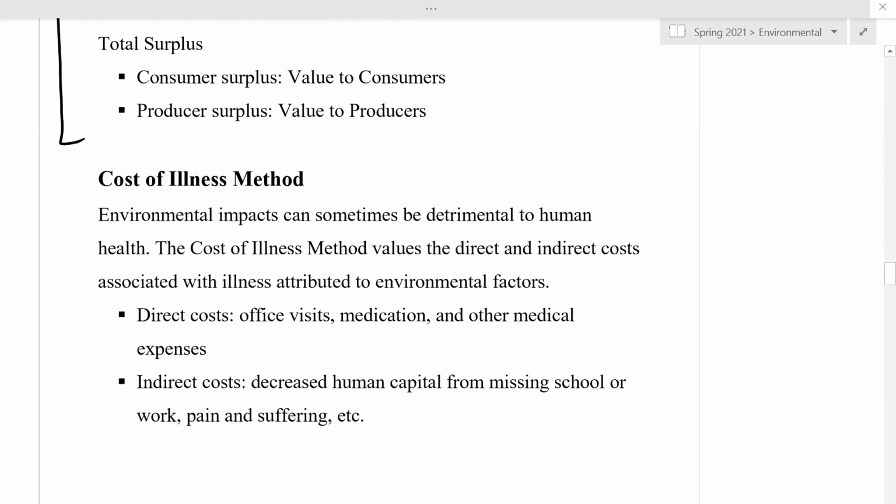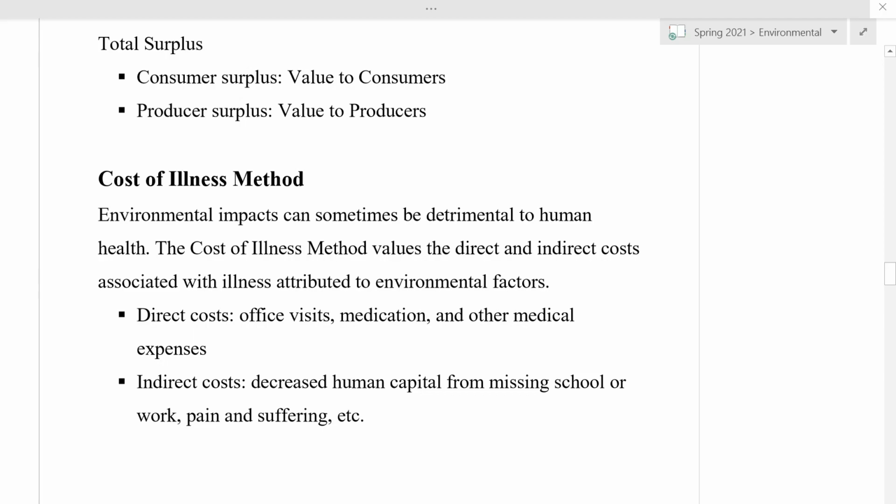Okay, cost of illness method. So the example here is that if there is some environmental harm, this can be detrimental to human health. And the way that you could then measure the value of the environmental resource is, if we can attribute negative health effects to the environment, we measure the costs of all those healthcare bills.